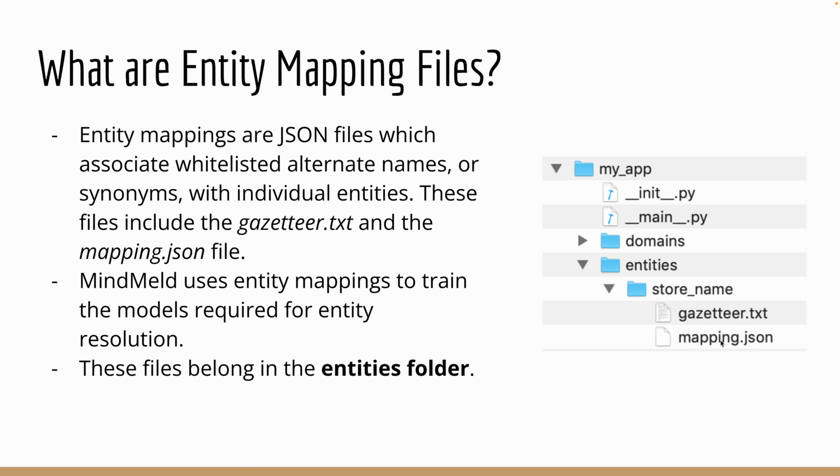The first is the gazetteer.txt, and the second is the mapping.txt file. And these contain whitelisted alternative names or synonyms with individual entities. MindMeld uses entity mappings to train the models required for entity resolution.